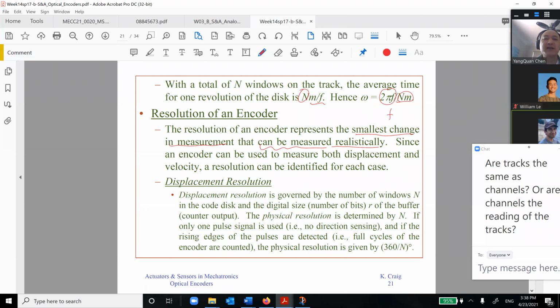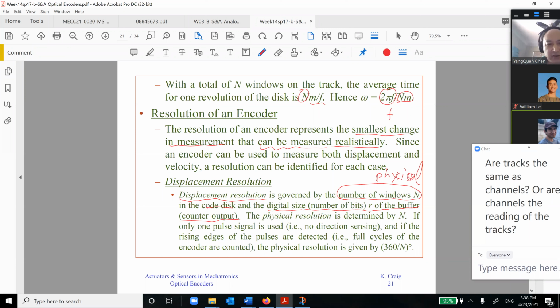So what is the displacement resolution? Listen carefully. It is not only determined by the number of windows. These windows I call physical windows that are put on the code disk. It is also about the digital size, the number of bits of the buffer or counter output, how you count it.